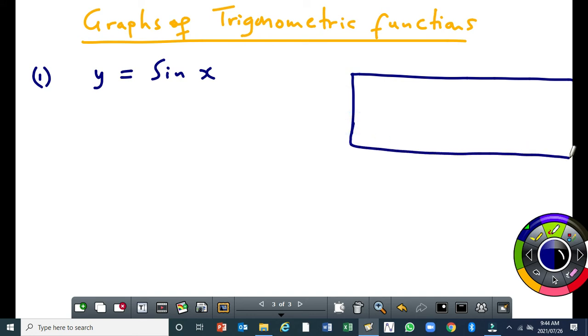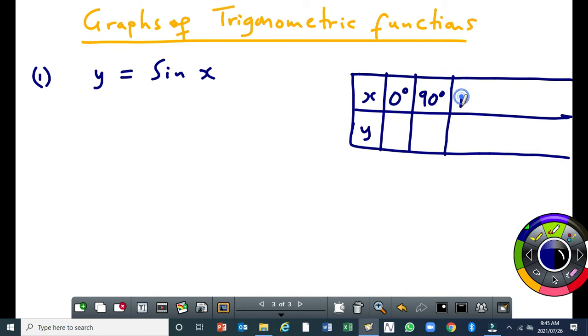I'm going to concentrate on key values of x. So we have x, then we have y. So we have 0 degrees. I'm not going to put the smaller ones like 30 and 60. I'll put 90 degrees, then 180 degrees, 270 degrees, and then 360 degrees.